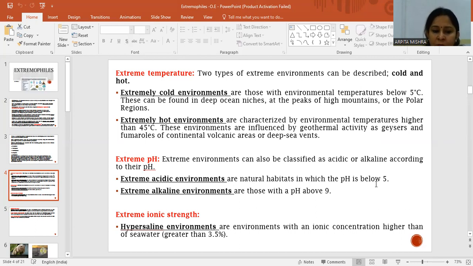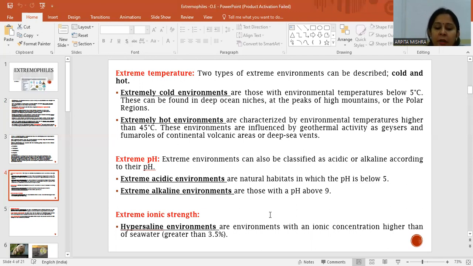Then if we are talking about the extreme pH conditions, there are organisms that can survive at very high or very low pH. That is, they can survive in extreme acidic environments, or they can survive in extreme alkaline environments.